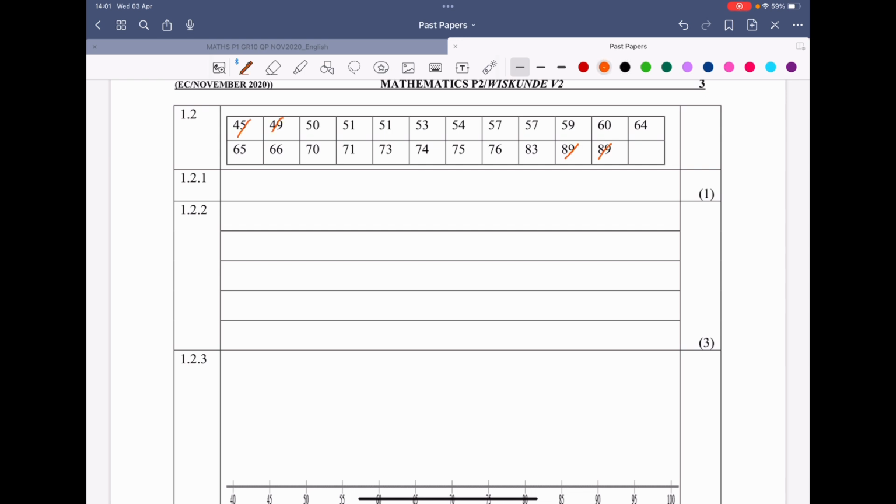So I'm just crossing down each of the numbers until I meet myself in the middle. Okay, so my median is 64.